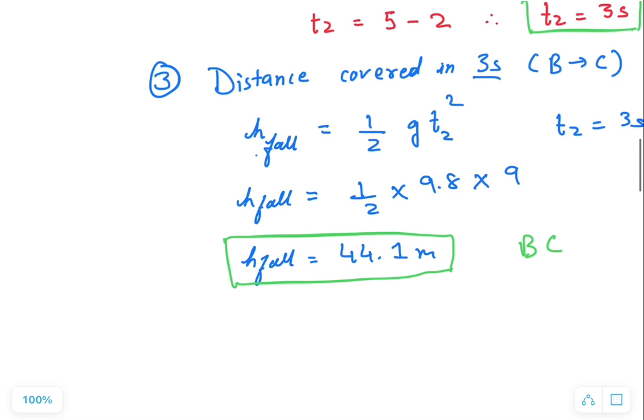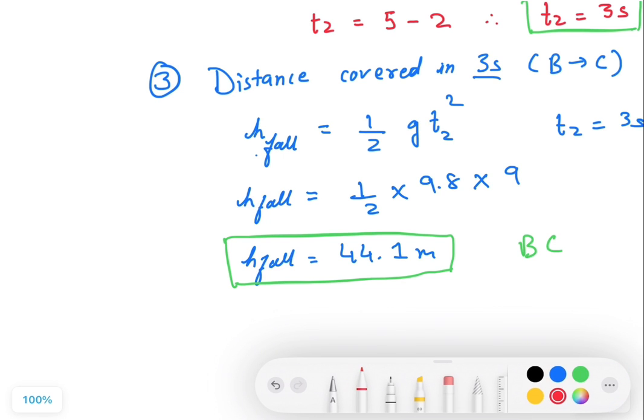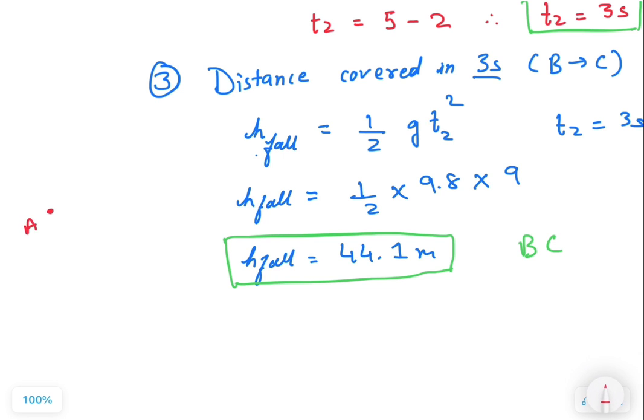Let me just draw it here. This is point A, this is point B, this is point C. We have found BC, this is 44.1 meters.